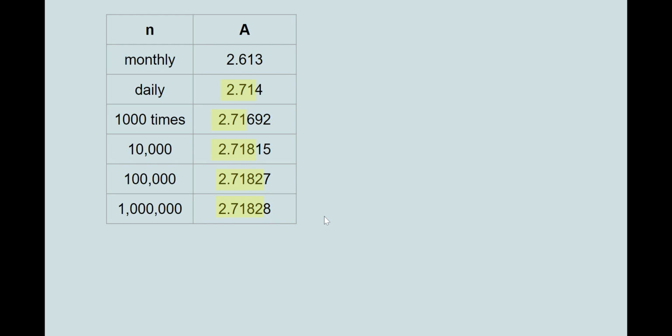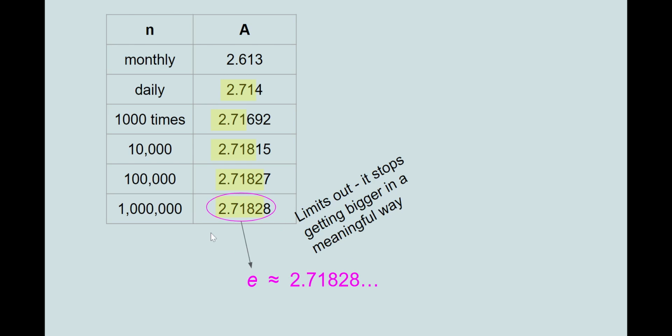And so the idea is that this number right here limits out. It stops getting bigger in a meaningful way. So at this point we can use it in this form right here as about 2.71, 2.718, 2.71828. This is the number E. And it is a number that is based on continuous growth.